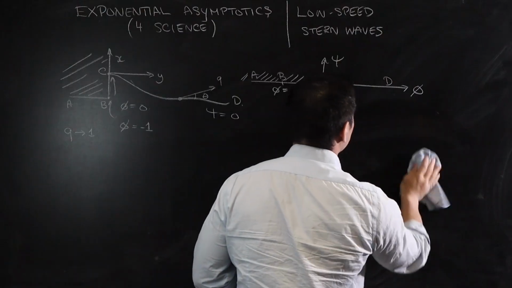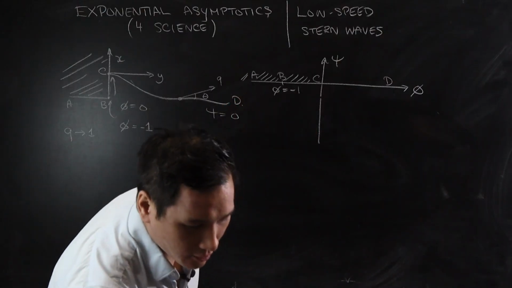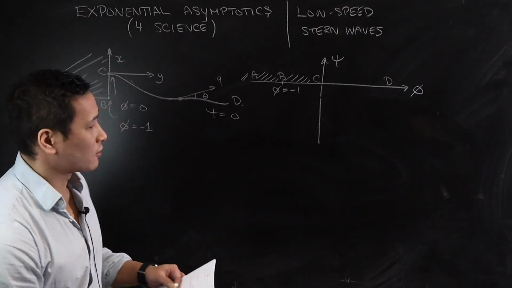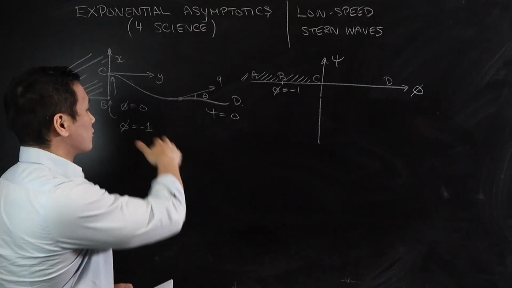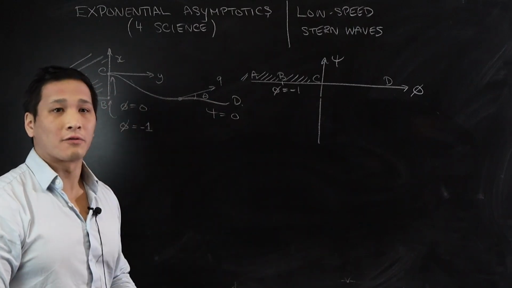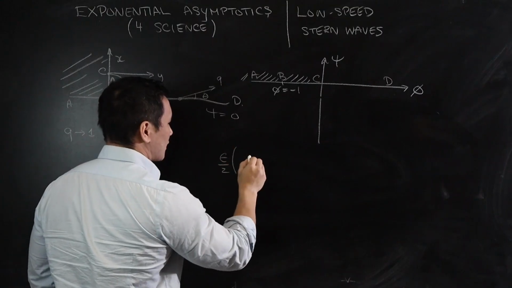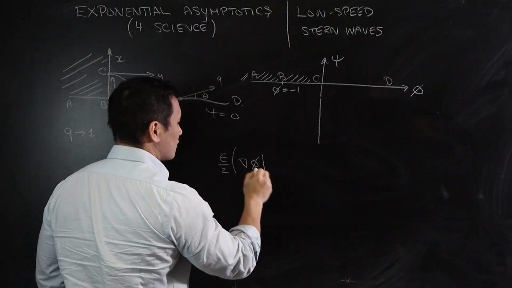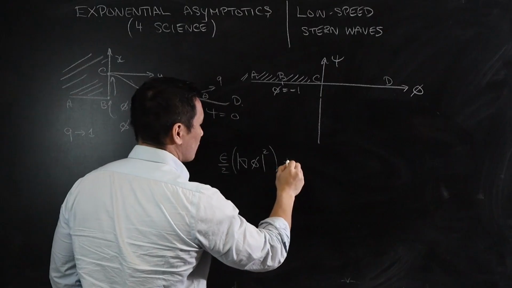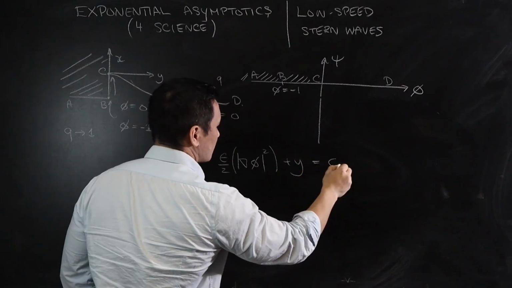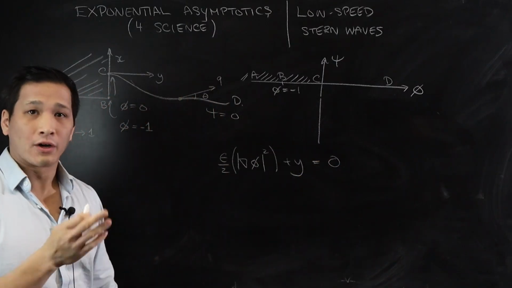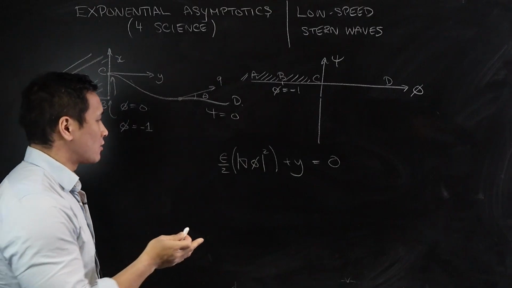Bernoulli's equation tells you that you have this balance of inertial and gravitational effects on the free surface. So it's a condition that you impose along the free surface, and it basically tells you that epsilon over 2 times the speed squared plus y is equal to 0. So we've non-dimensionalized Bernoulli's equation.